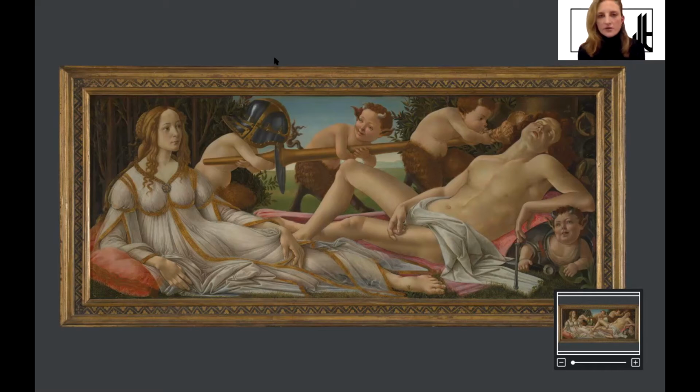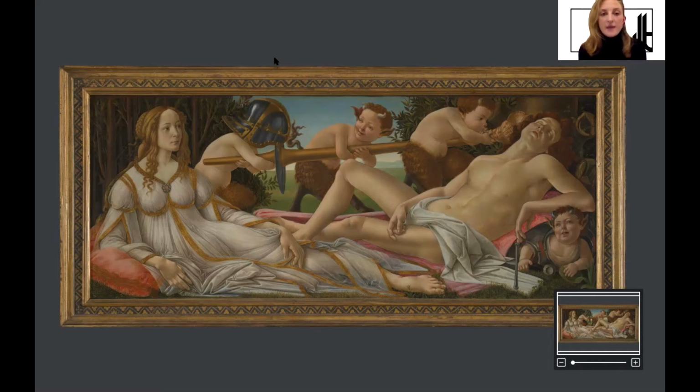That's not only because it's the story of Venus and Mars, it's Greek mythology, something that in the Renaissance, the rebirth of classical antiquity, was hugely valued, but also because there are further meanings to this painting.